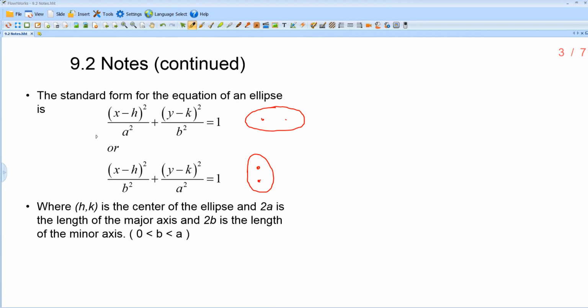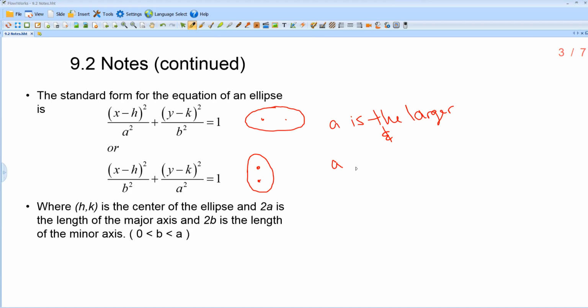So something to keep in mind about this, whichever one of these is the larger one is a. So a is the larger. And a is really what determines which way this ellipse goes, so horizontally versus vertically.